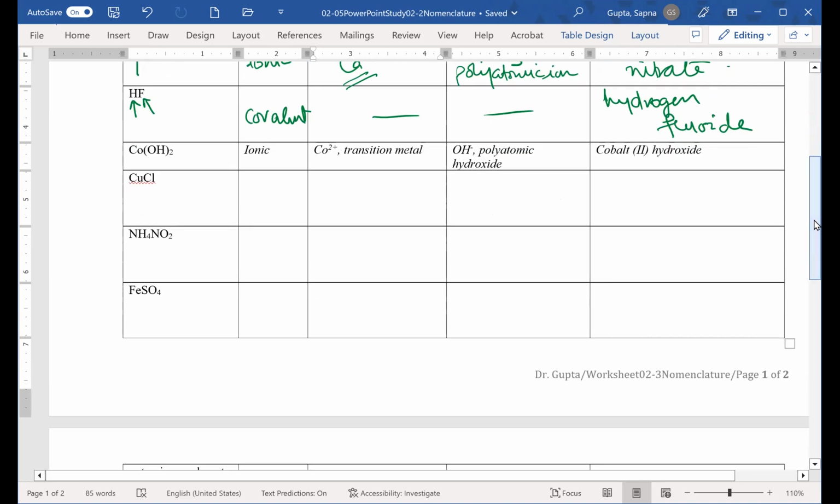Okay, so let's look at CuCl now. For CuCl, again, copper is a metal, so this is going to be ionic. So if that's ionic, then I know that I have anions and a cation. So my cation is copper, and the anion is going to be chlorine. Now for the charges.